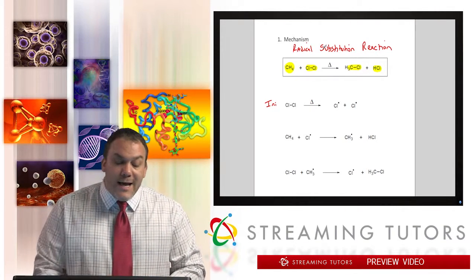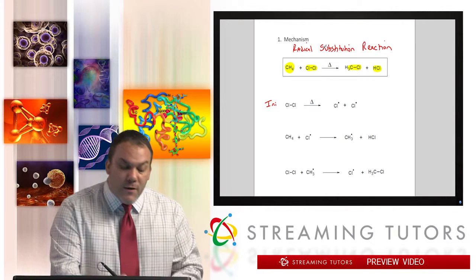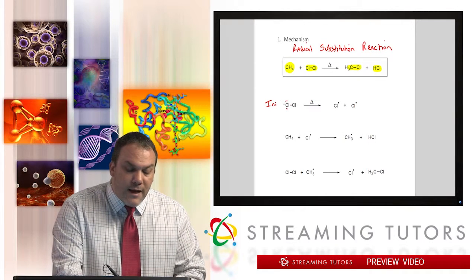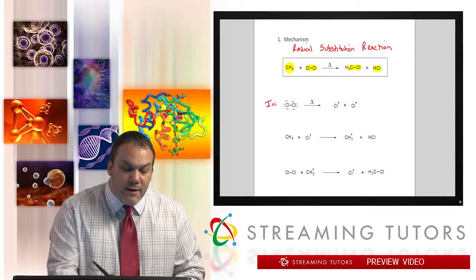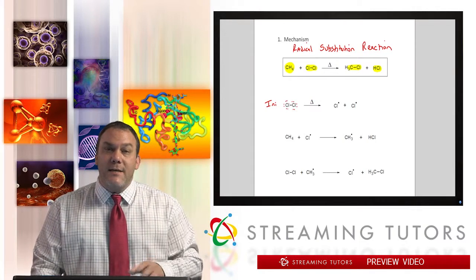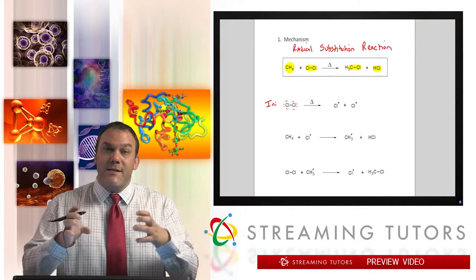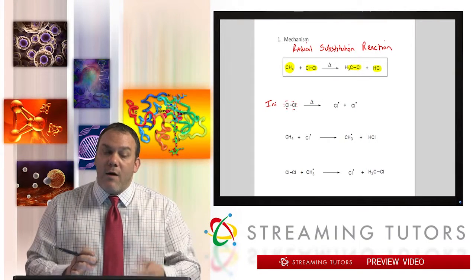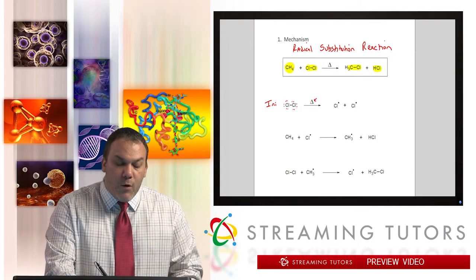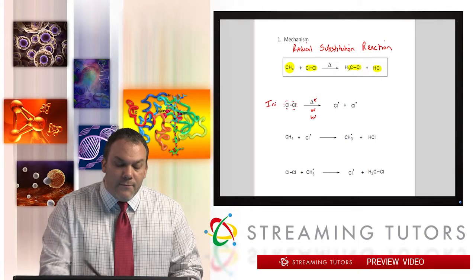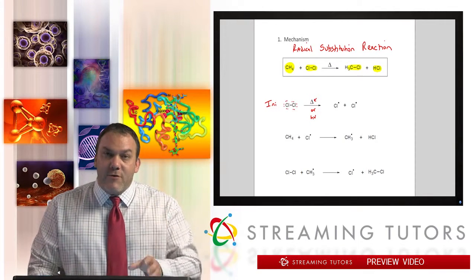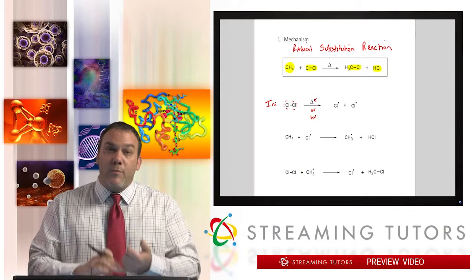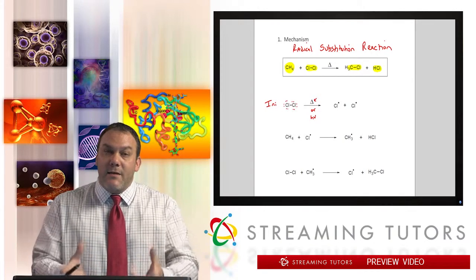In order to get the Cl's to break apart, remember, Cl's have a rich electron source around them. They have 3 pairs each, and that's already creating a resistance between those two atoms. But we need something to kick it off, and that's what the heat is for. Or we could use light. Either one is going to provide energy, whether it's heat or thermal energy, or light.